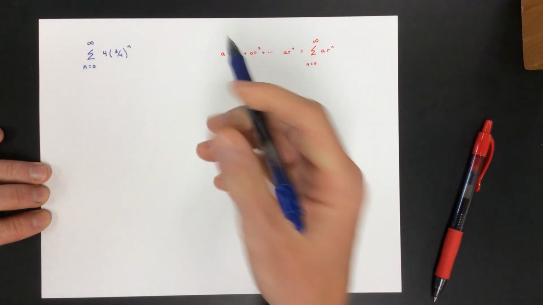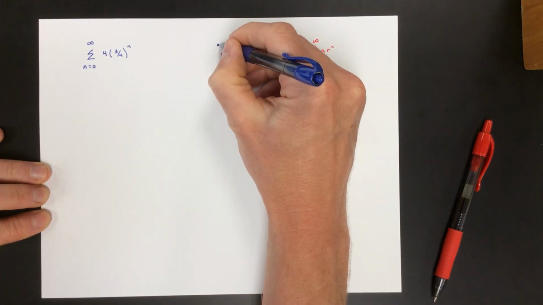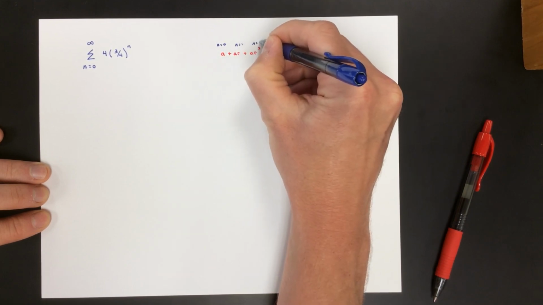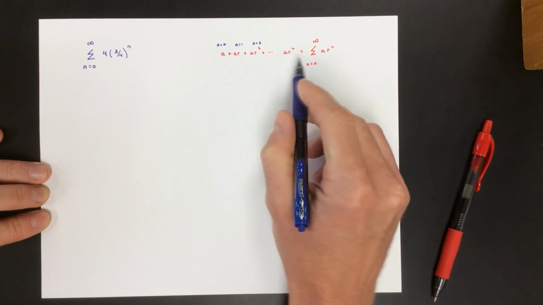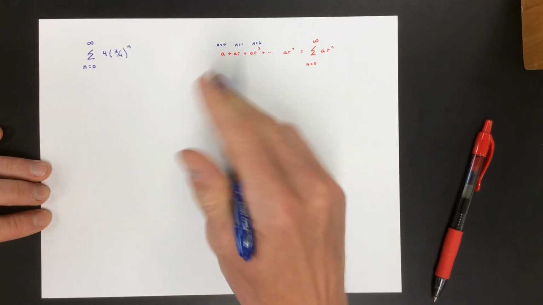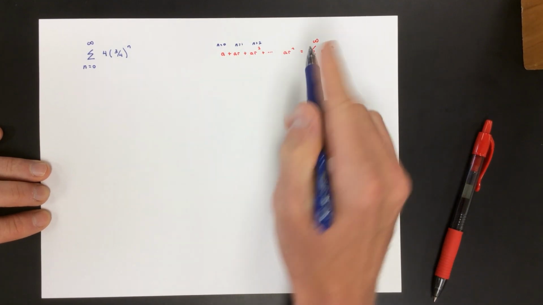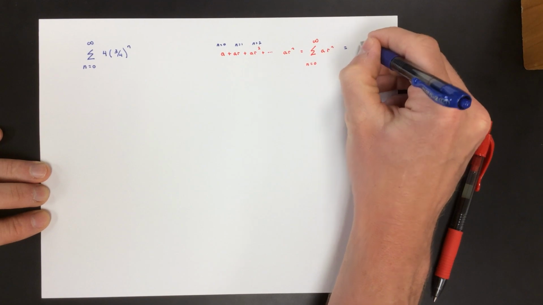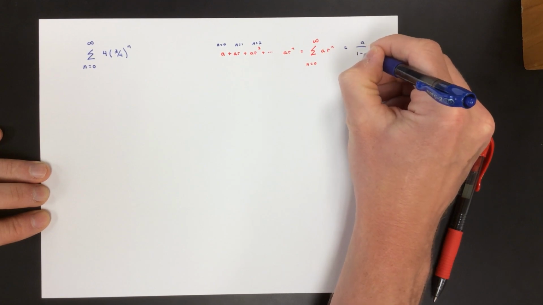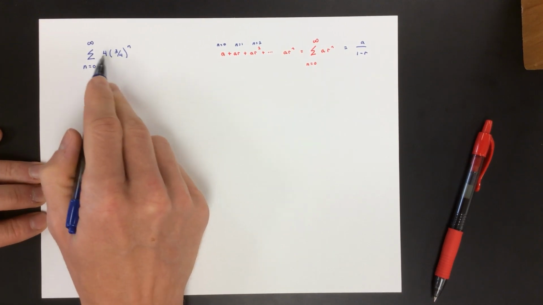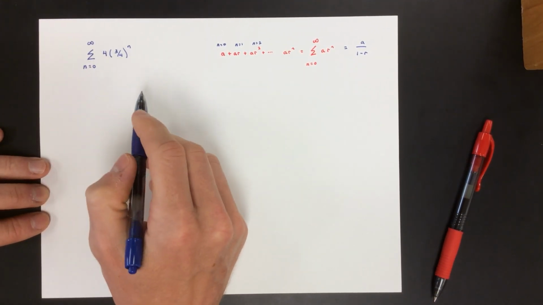And again, think about it. This term corresponds to n equals 0, this is n equals 1, n equals 2, and so on. So this geometric series is the same thing as this. And we know as long as r is between negative 1 and 1, then this does have the sum equal to a over 1 minus r. So in this particular case, there are no real tricks here.